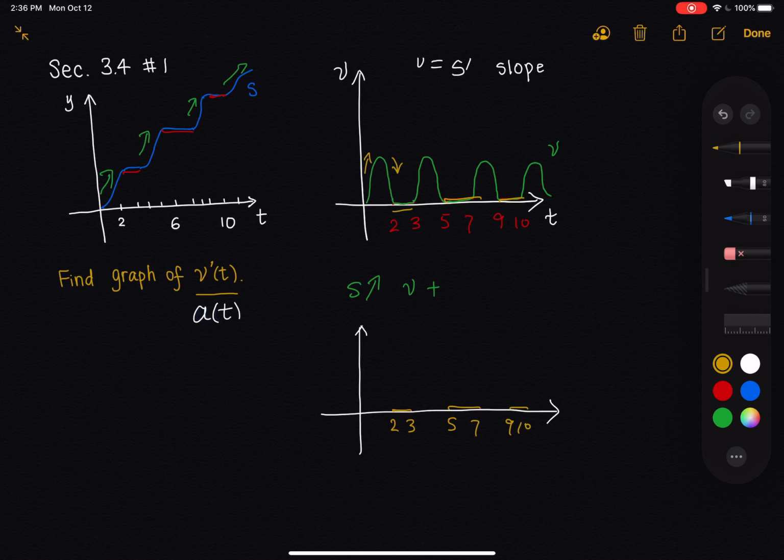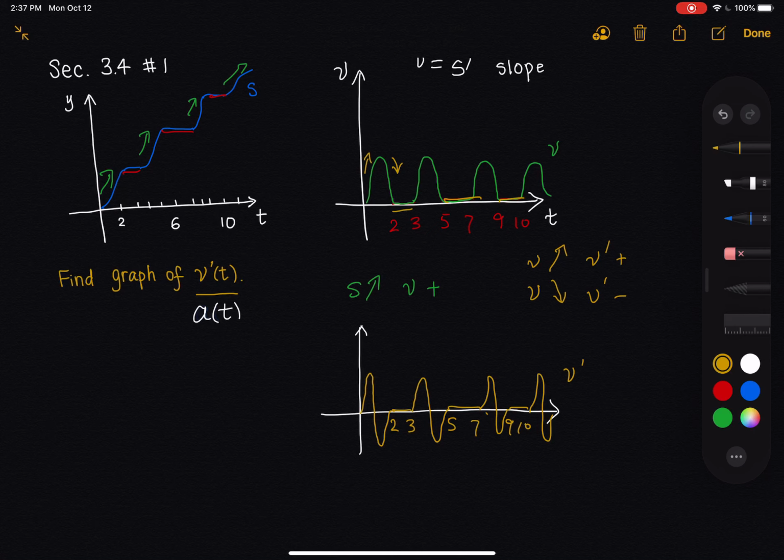So it has to be positive somewhere here, and then negative, because when v is decreasing, v prime is negative. When v is increasing, the slope v prime is positive. So from increasing to decreasing, it has to go from positive to negative, positive to negative, positive to negative.